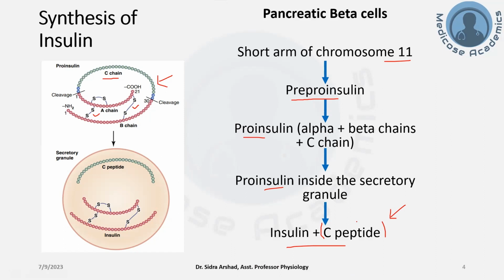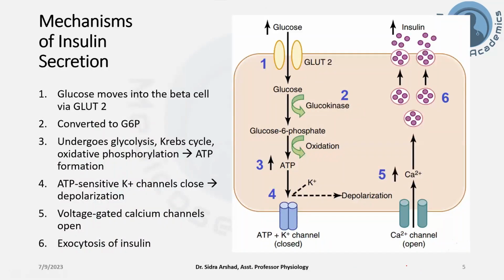However, when we administer exogenous insulin, it does not contain the C peptide. So levels of C peptide can give us a clue about the functioning of the beta cells in cases of diabetes mellitus. Once this insulin is synthesized, it is released into the blood where it has a very short half-life.